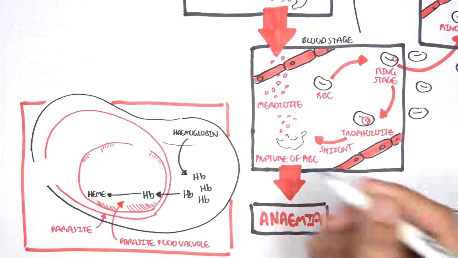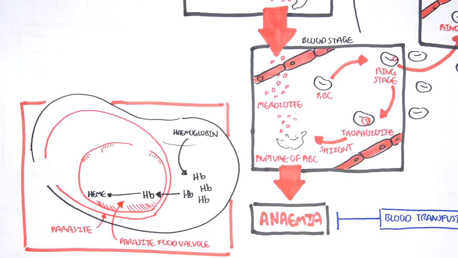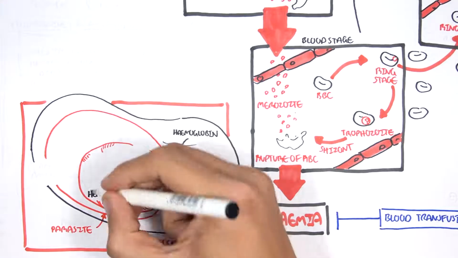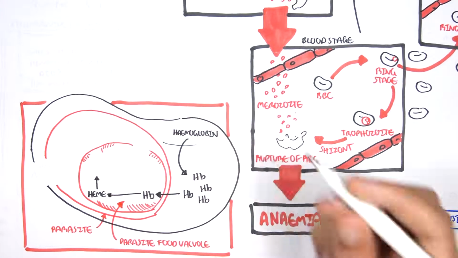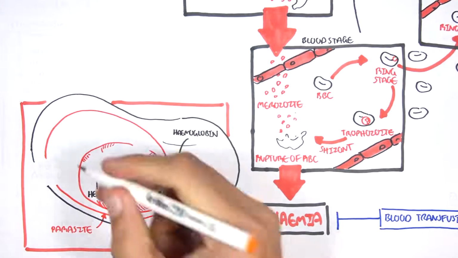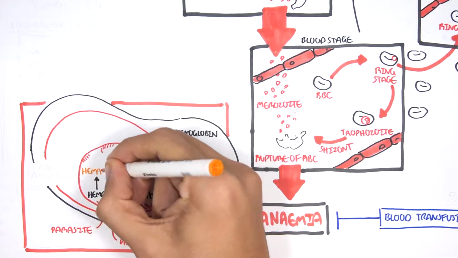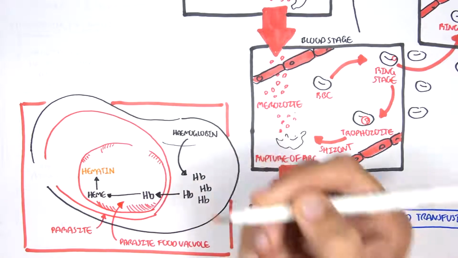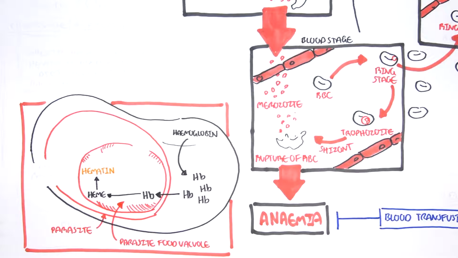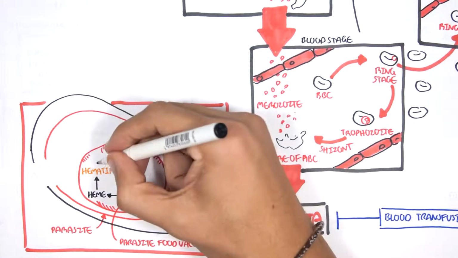It will break the hemoglobin into heme and protein. The parasite will use the protein for some stuff, but it's the heme that is important here. The parasite uses heme for energy. While metabolizing the heme, the parasite actually converts heme into hematin.